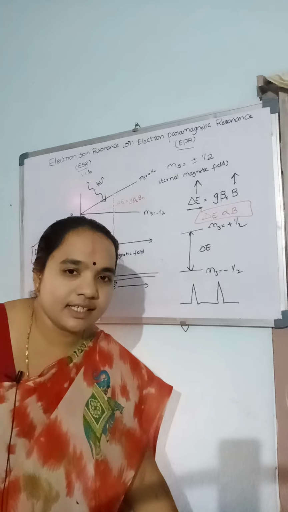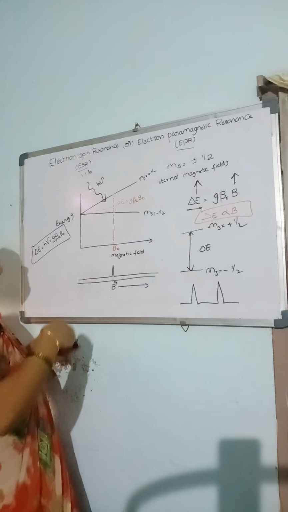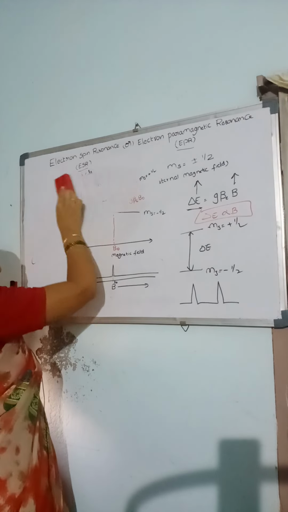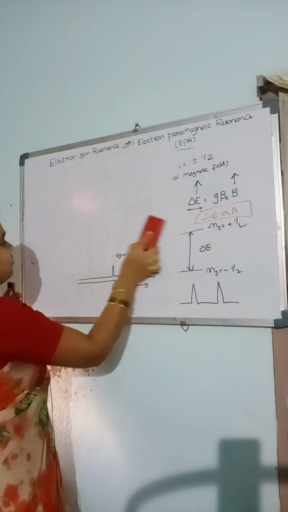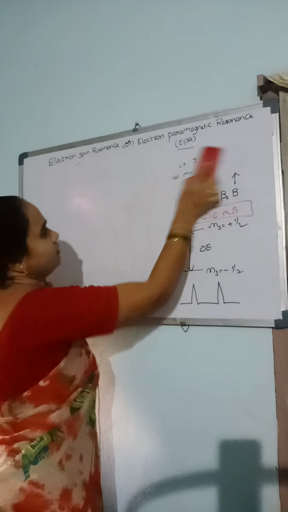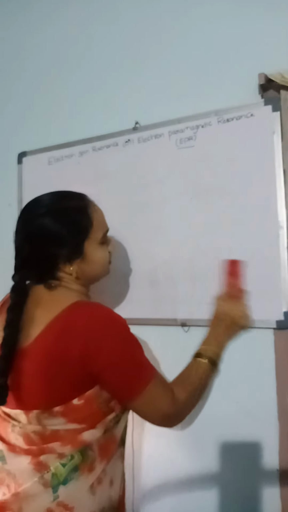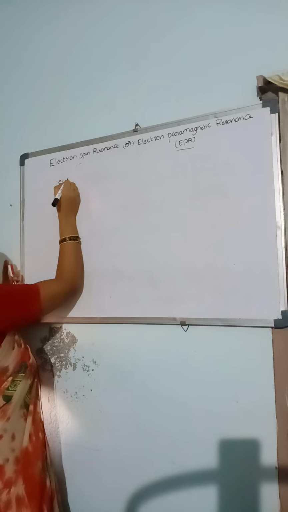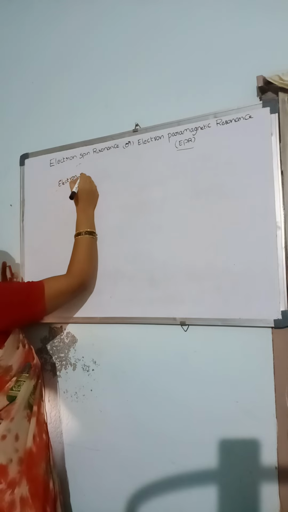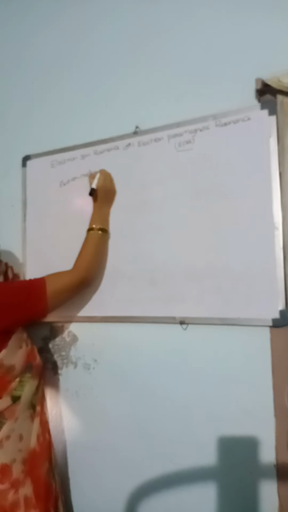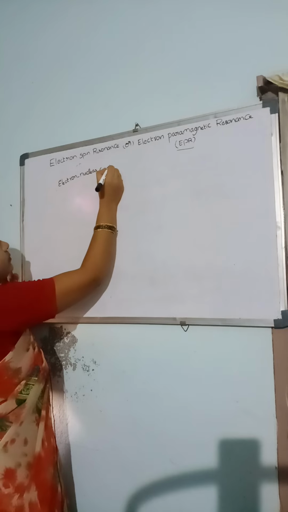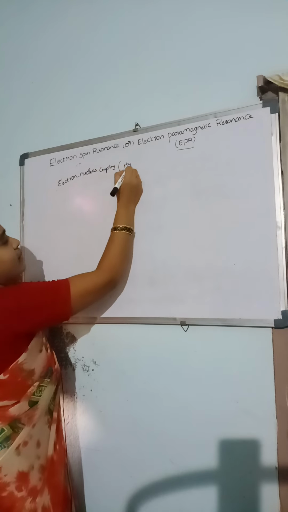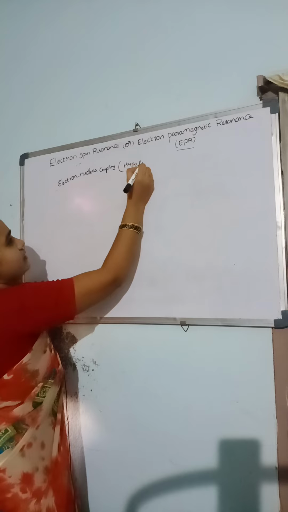Why we are getting these two spikes is because of electron nuclear coupling. So this another topic is electron nuclear coupling, or hyperfine interaction.